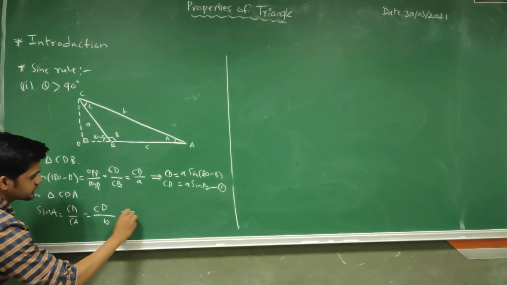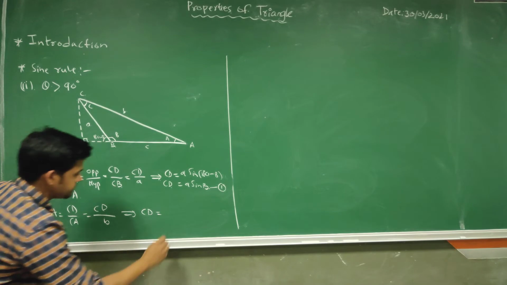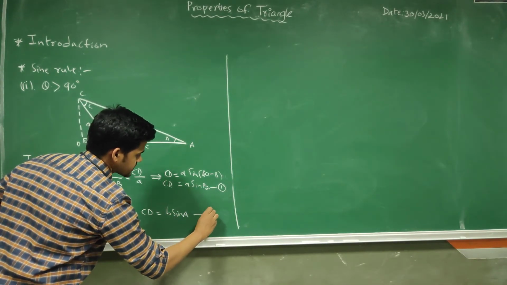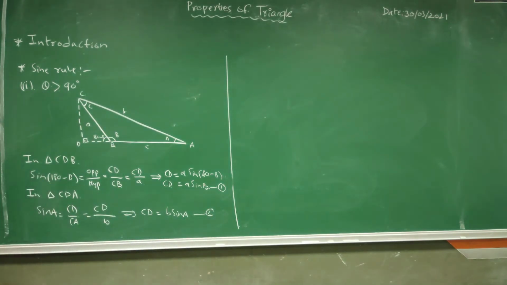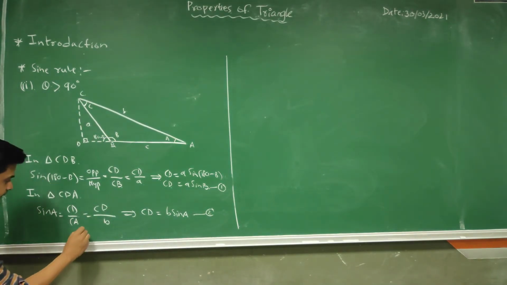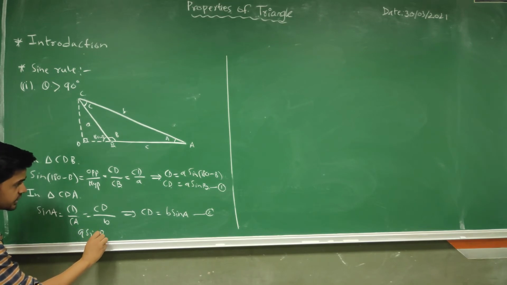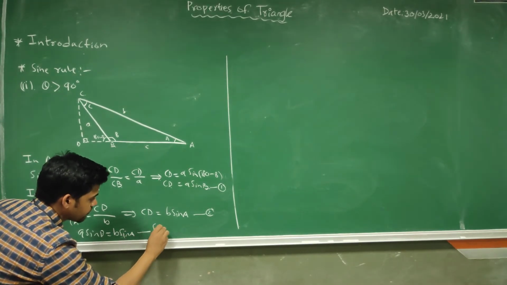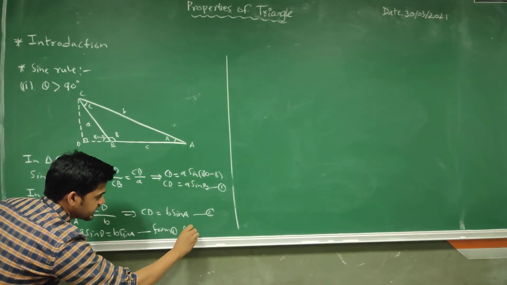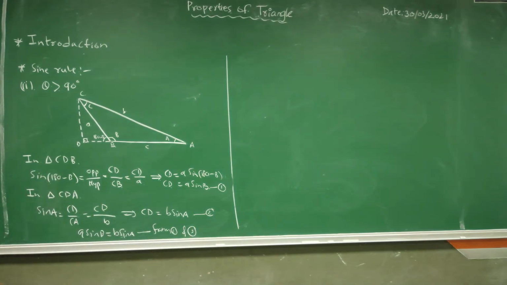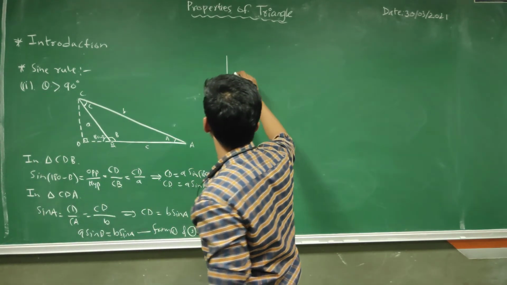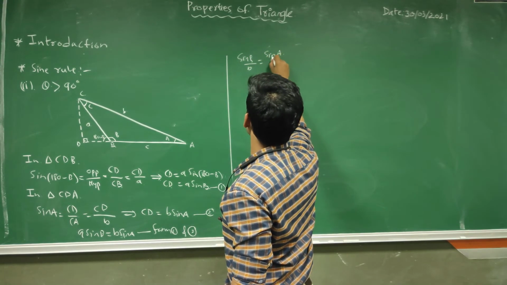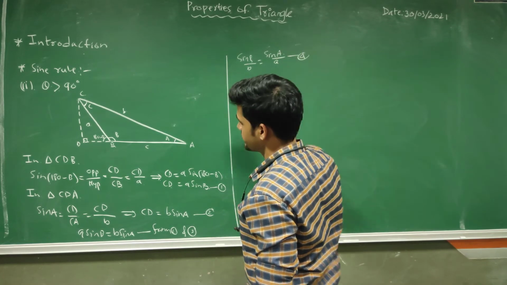So I can write CD is equal to b sine A. That is equation number 2. And from equation number 1 and 2, I can write a sine B is equal to b sine A, and from here I can write sine B by b is equal to sine A by a. That is equation number 4.